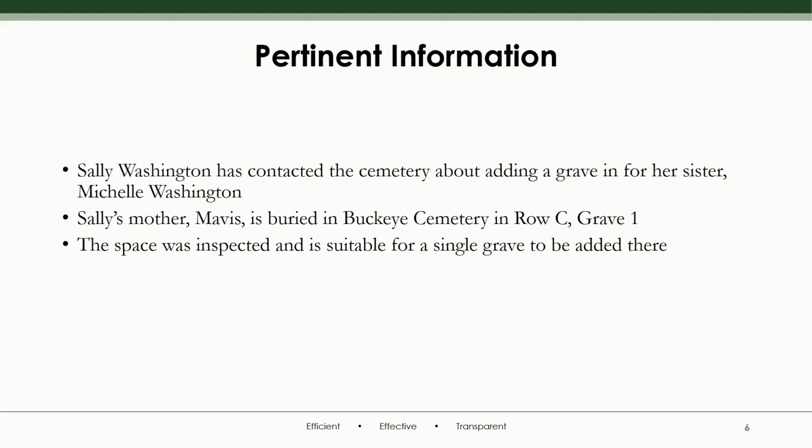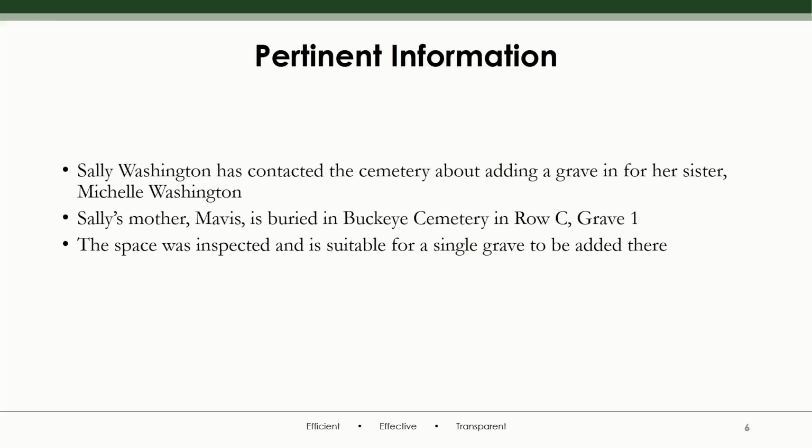Sally Washington contacted our cemetery about adding a grave for her sister Michelle. Michelle and Sally's mother, Mavis, is buried in Buckeye Cemetery, Row C, Grave 1. And there is a spot just beside that grave that would be suitable for adding in a new grave.